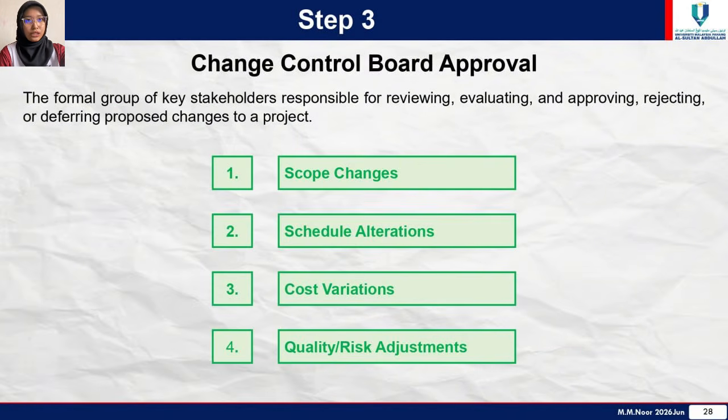Step 3, change control board approval. The formal group of key stakeholders responsible for reviewing, evaluating, and approving, rejecting, or deferring proposed changes to a project. They need to identify and acknowledge 4 terms. The first one is scope change, second schedule alteration, third cost variation, and fourth quality or risk adjustment.